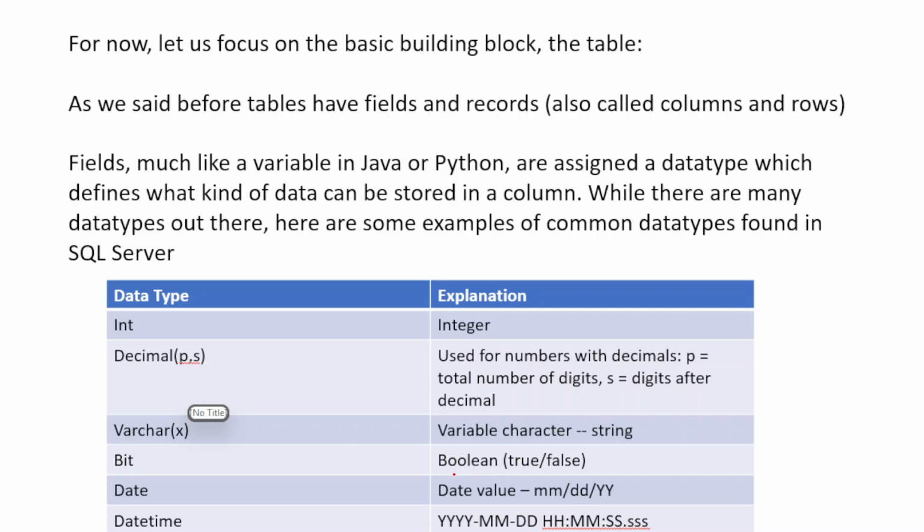Bit is Boolean, our true or false. Date is our format of month, day, year. And then datetime, which you'll see here is year, month, day, hour, minute, seconds, down to thousandths of seconds. But there are a lot more out there. These are just some of the common ones I want to introduce you to.